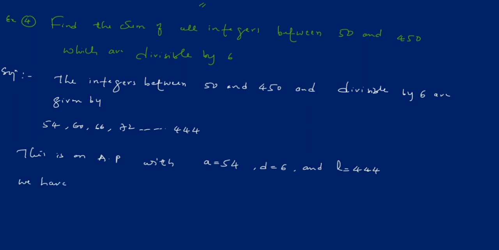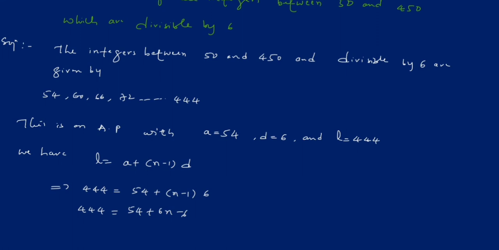Then we have l equals a plus (n minus 1) into d. So substitute the values of a, l, d: 444 equals 54 plus (n minus 1) times 6 here, right? So 444 equals 54 plus 6n minus 6.